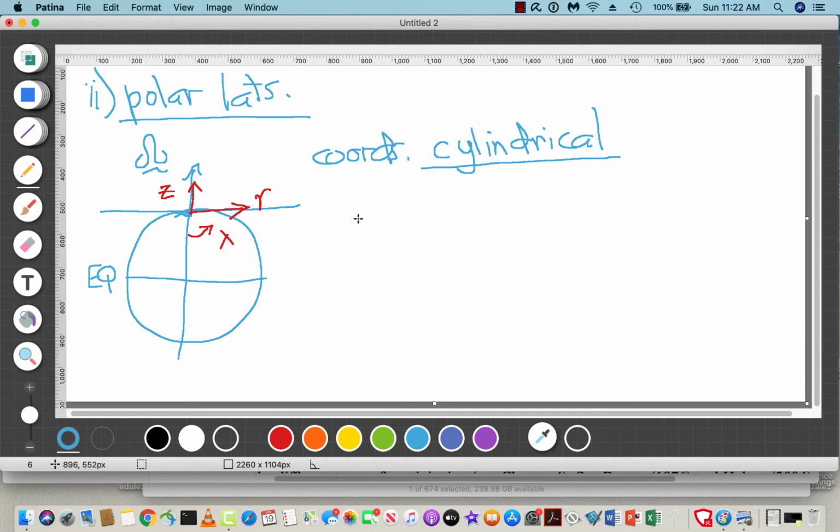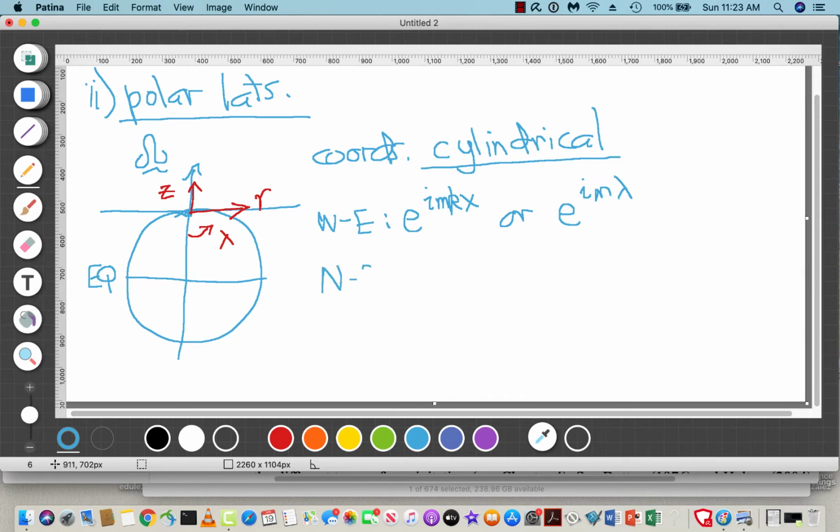So suppose we want to write the expansion of something in terms of mathematical creatures. Again, in the east-west sense, the appropriate functions to use are e to the i m k x, or in this case it would be e to the i m lambda.